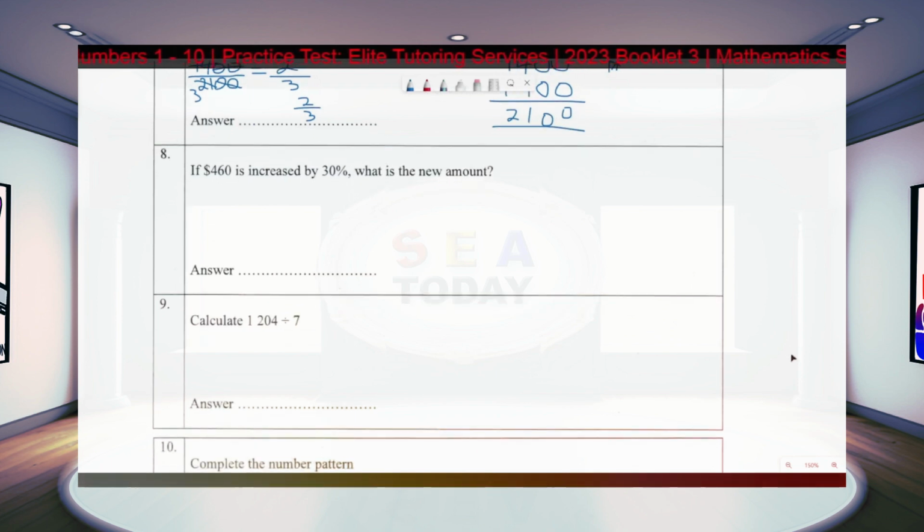Next question, number 8. $460 is increased by 30%. What is the new amount? Many different ways to work this question. We are going to just do 30% of 460, and we use the 30% in fraction format because a percent and a fraction are the same, and we're going to multiply it by $460.